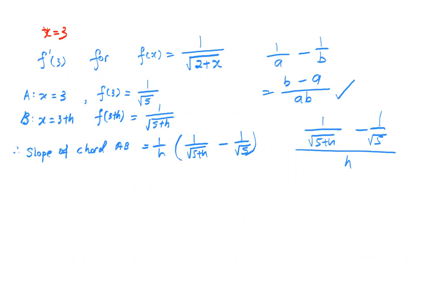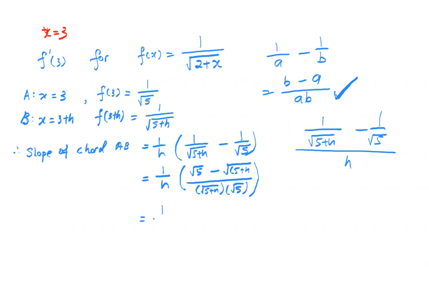Okay, so now follow this method. 1 over h, square root of 5 minus square root of 5 plus h, divided by, okay, I put in brackets because I want to show this is the multiplication of these two terms. Close. So follow just now the conjugate method.